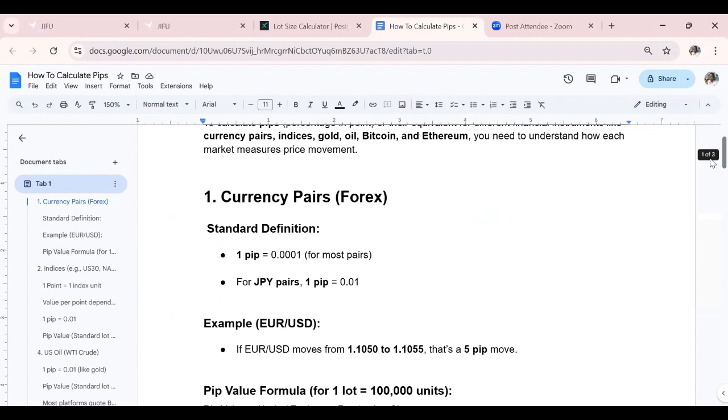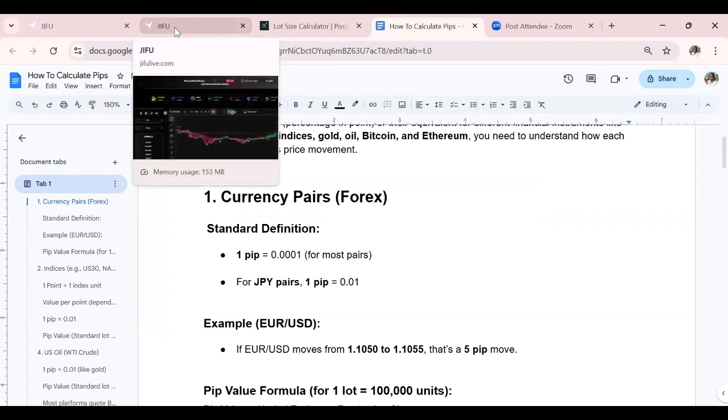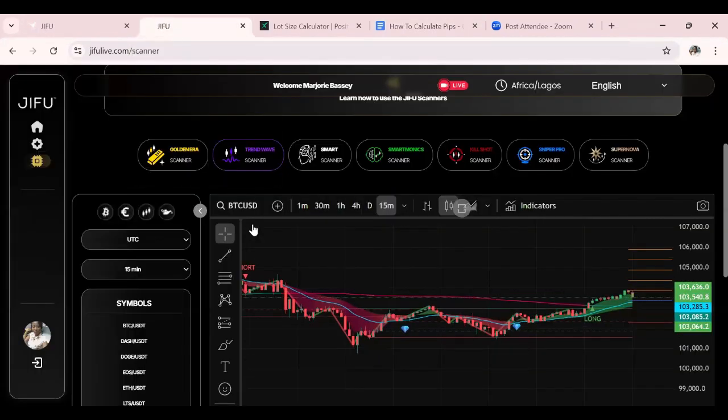So now for most currency pairs, you see, this is how one pip is represented. For instance, let's check the price of Euro USD.